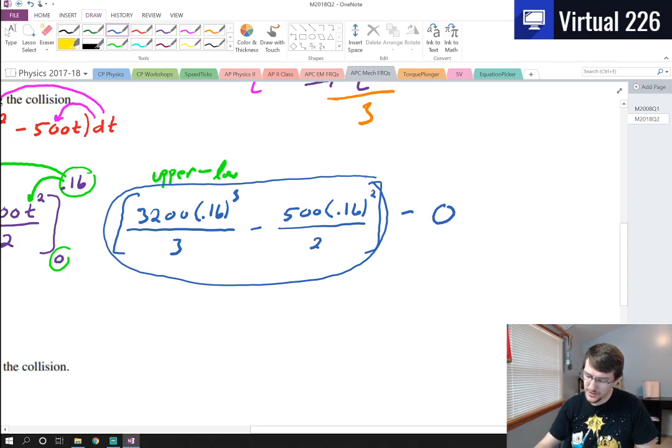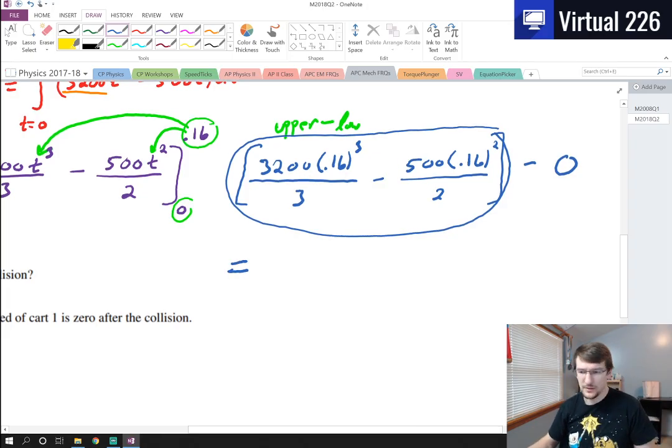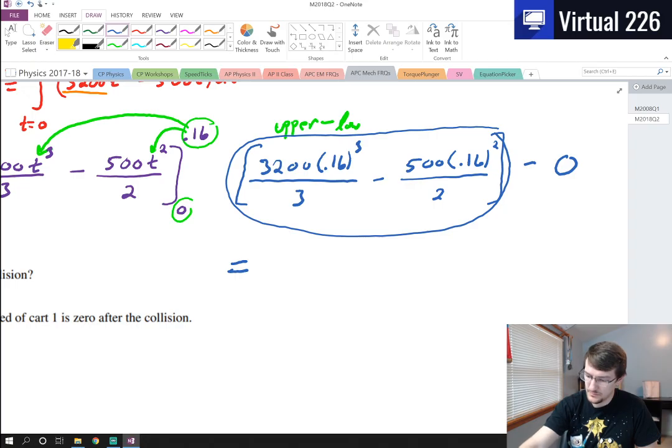If we go churning that through a computer, let's get a calculator up real quick. That gives me negative 2.03.